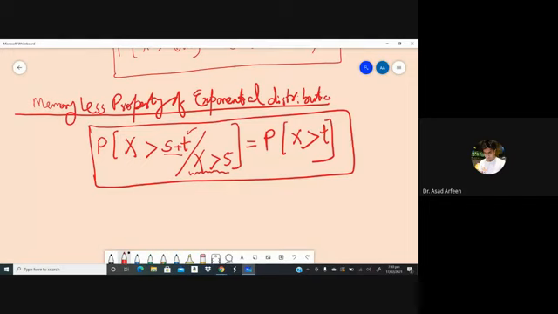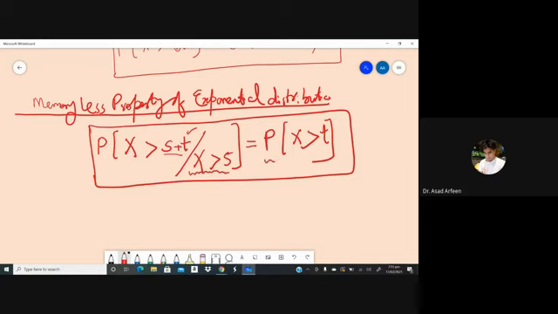If I come to the bus stop, what is the probability for the additional time it will take for the bus to come? It does not depend upon how much time my colleague has already waited.